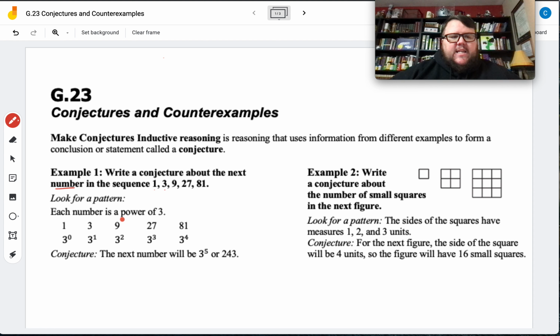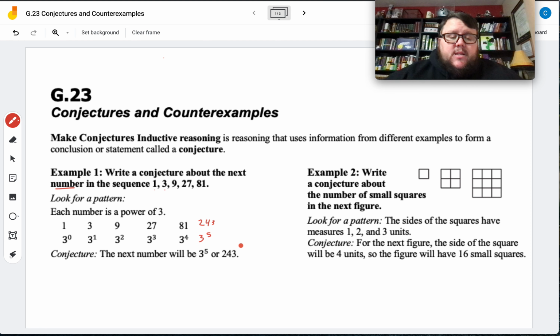Each number is a power of 3. 3 to the 0 power is 1, since anything raised to the 0 power is 1. 3 to the first power is 3, 3 squared is 9, 3 cubed is 27, 3 to the fourth is 81. So their conjecture is that the next number would be 3 to the 5th, which is 243.